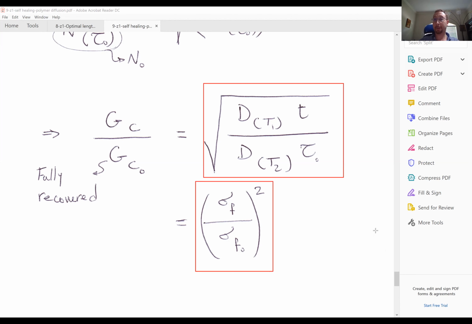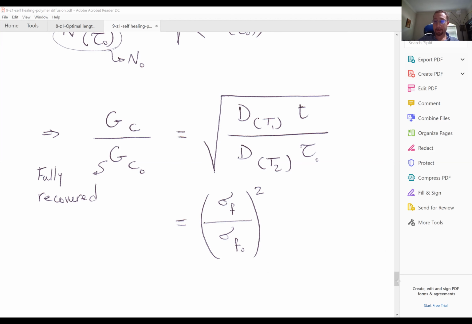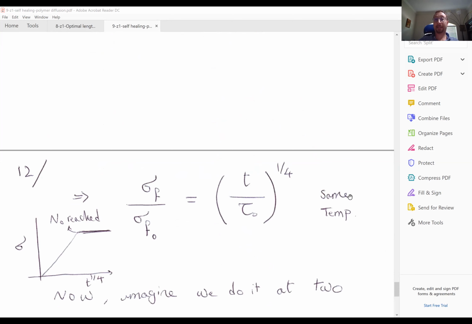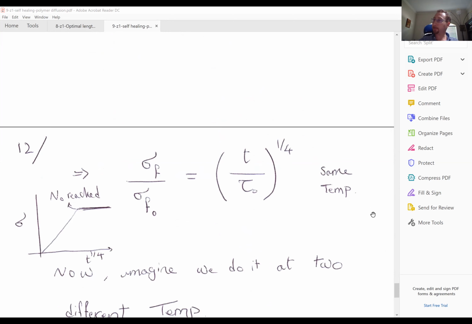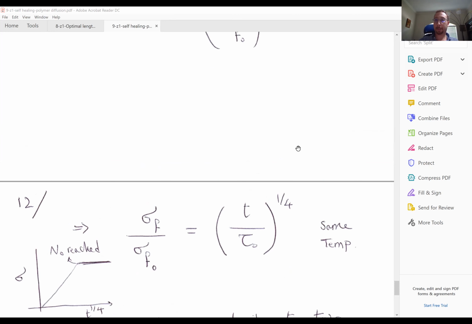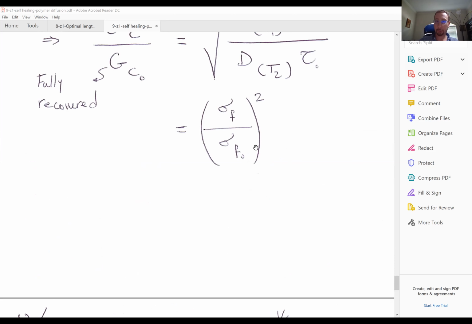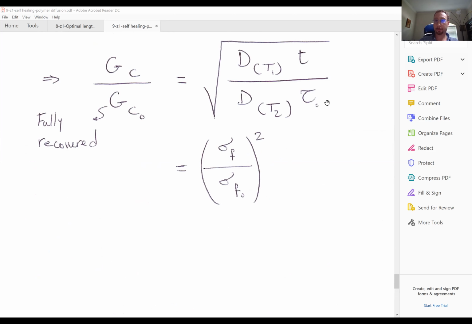And that's a very, very important relationship because, for instance, one of the things this equality tells us, if I go to the next page, is that if temperature is kept the same, the healing strength scales with t to the power of 1/4, because this is a square, this is a square root.